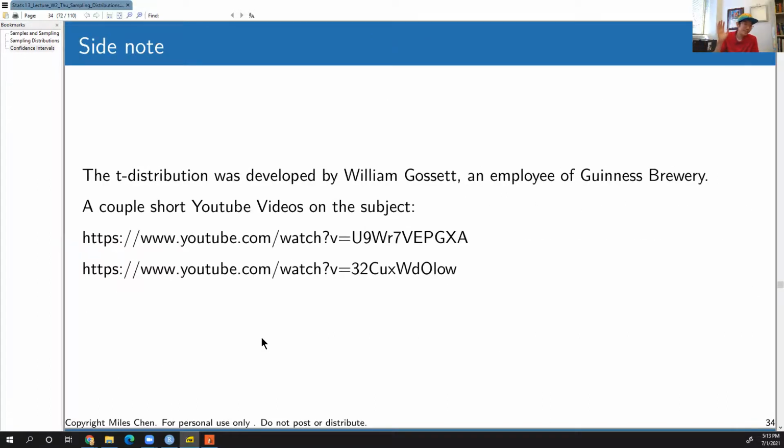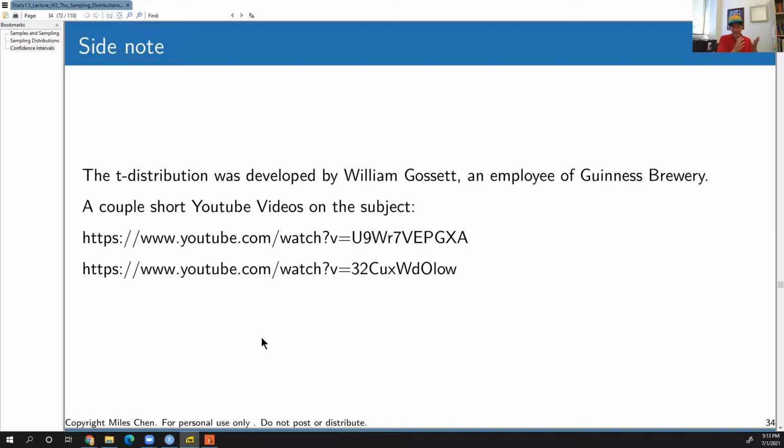There's an interesting history behind the t distribution. The t distribution was developed by a quality control engineer, William Gossett, who was an employee of Guinness Brewery, the beer factory in Dublin, Ireland. He was testing batches of beer, and during his work, he would reject samples of beer, and they would do further testing, and they'd say, you're doing something wrong with your math.